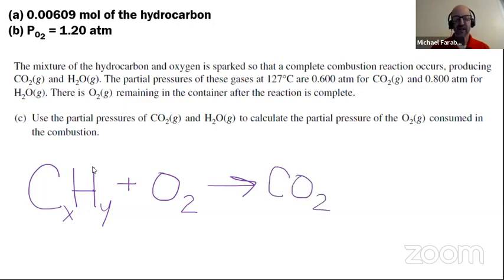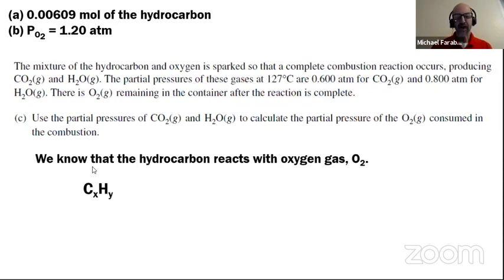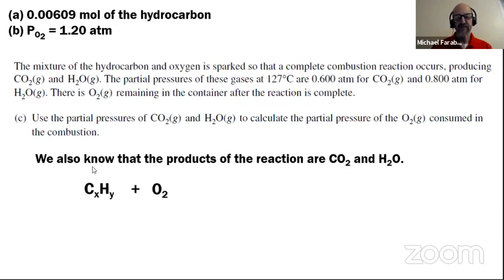And all of the hydrogen that was in this hydrocarbon, where the subscripts right now are just X and Y, because I don't know what those numbers are yet, all of the hydrogen is now converted into water vapor. And so we have access to information about how much carbon dioxide and water was produced in terms of partial pressures. So we are given that we have a hydrocarbon, it reacted with oxygen, and it produces CO2 and H2O.